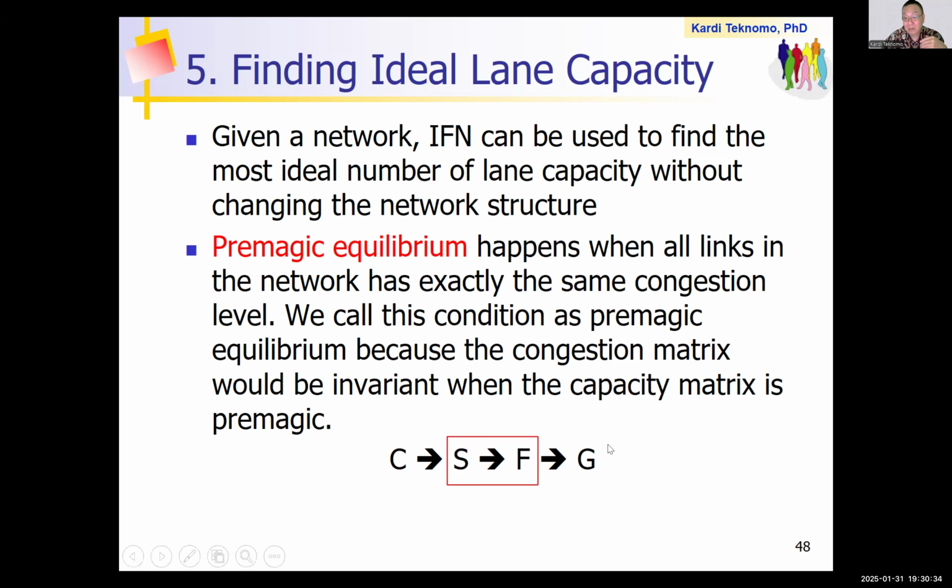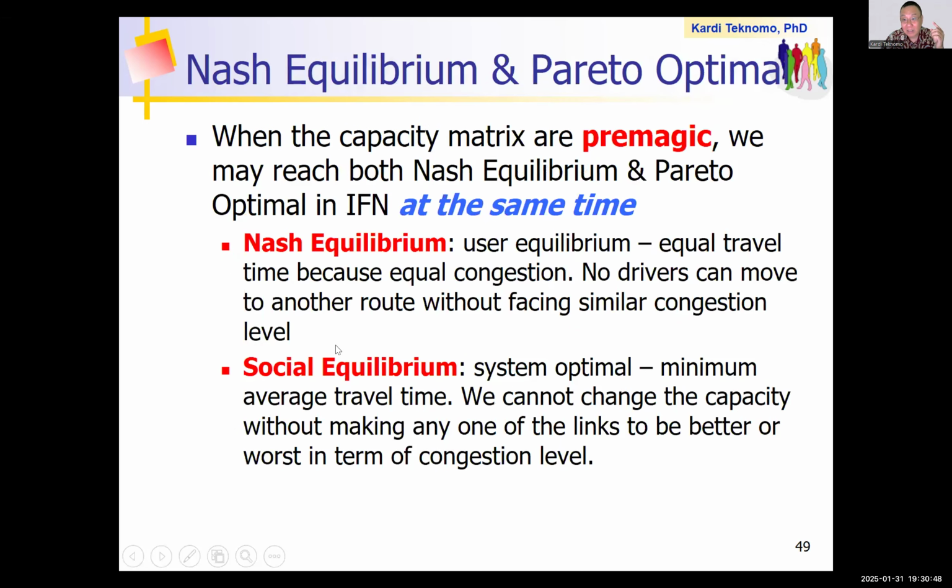So this is not the best. This is actually the worst, because at this point you cannot get a better result than this. At this point, the user equilibrium, the Nash equilibrium, and the system optimal, the social equilibrium, will be exactly the same as the premagic.